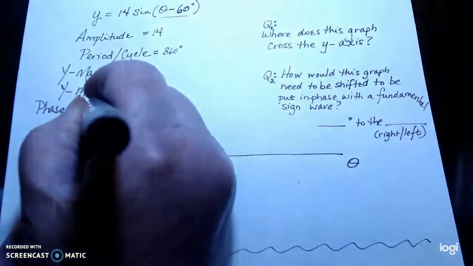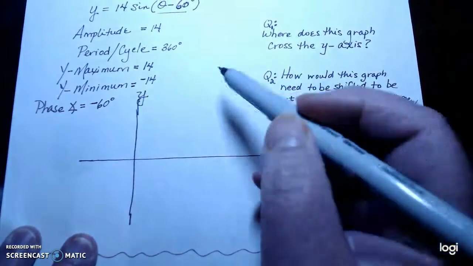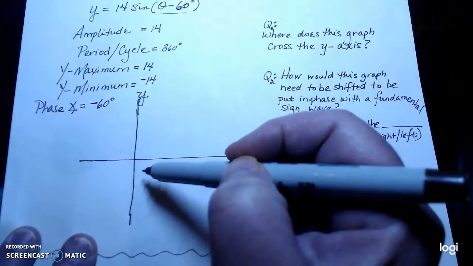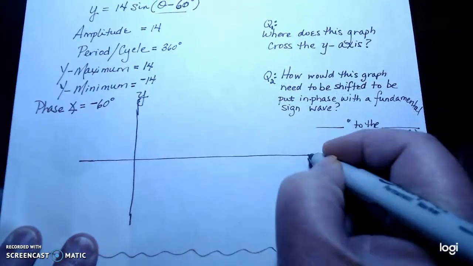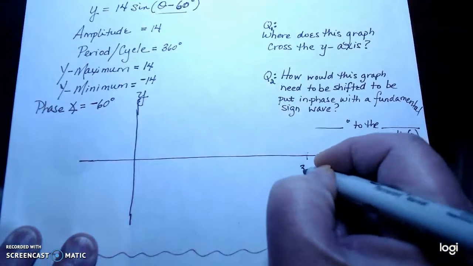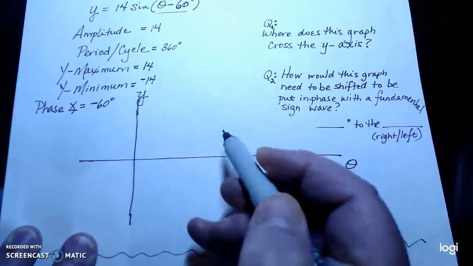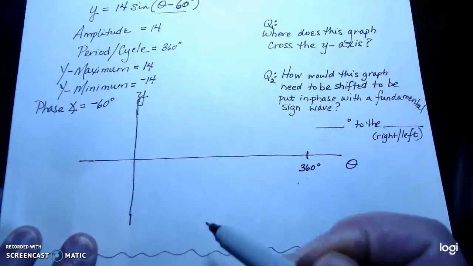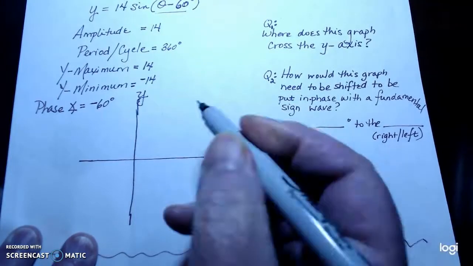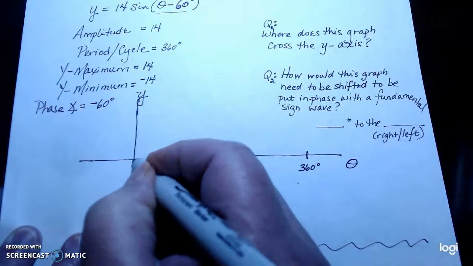Okay, so let's talk about graphing this. We know it has a basic period of 360 degrees, so let's mark that on our graph. We also know that sine starts low, as opposed to cosine that starts at 1.